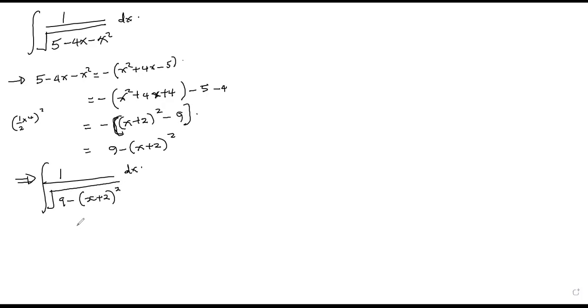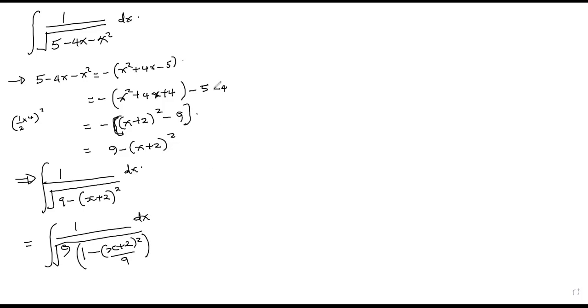So it takes us to what we've been looking at, whereby here you have to first factorize out a 9 to create a 1. And this is the same as the integral of 1 over root of 9, but we can factorize it out, then it becomes 1 minus x plus 2 over 9. But remember, this is squared dx.